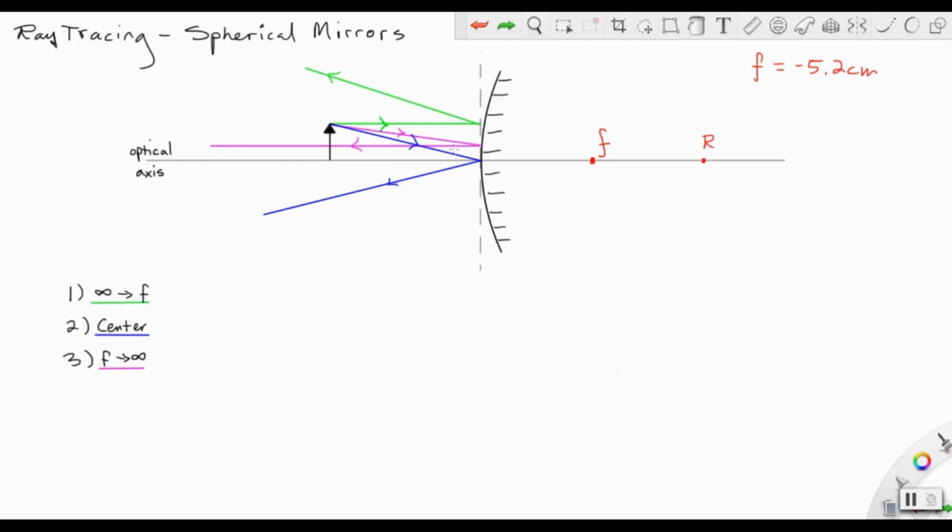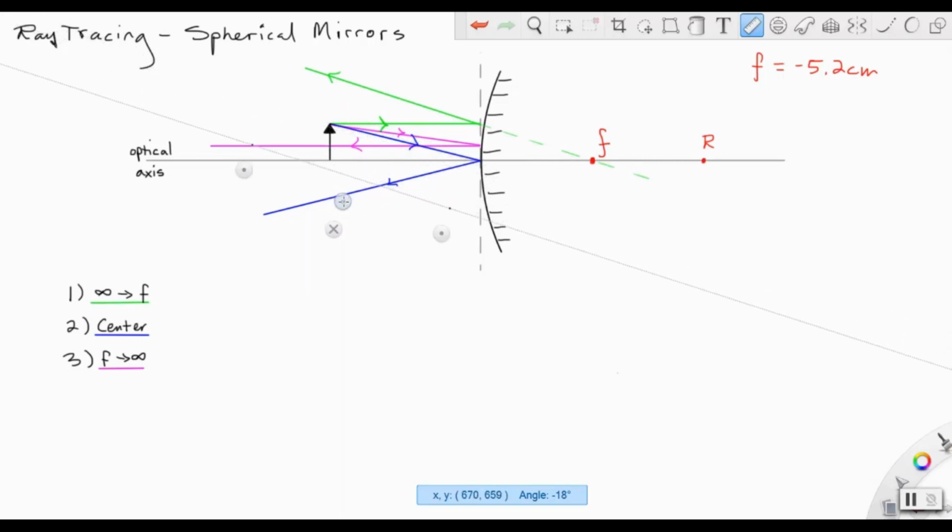So these rays that are leaving the mirror all appear to be coming from a certain point. So what we'll do is we'll take our ruler, and we can actually backtrack this one, that's fine. Let's get our green ray. Where does this one appear to be coming from? Remember, we use a dotted line to represent a ray that is not actual, it's just a virtual ray.